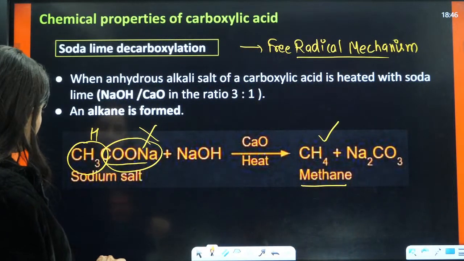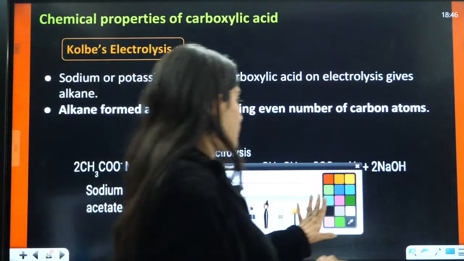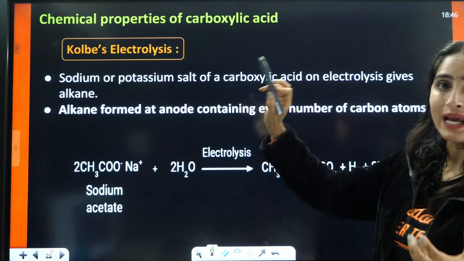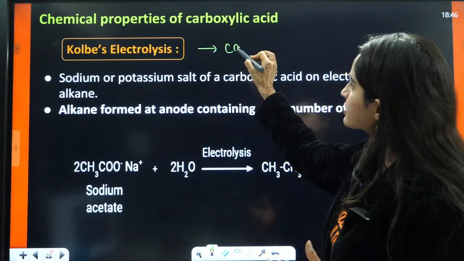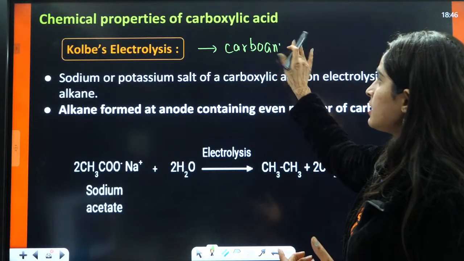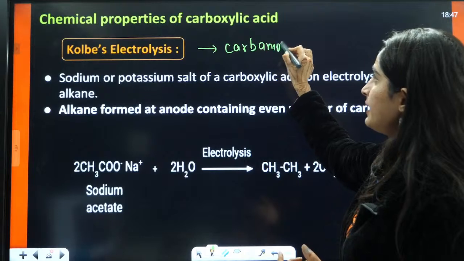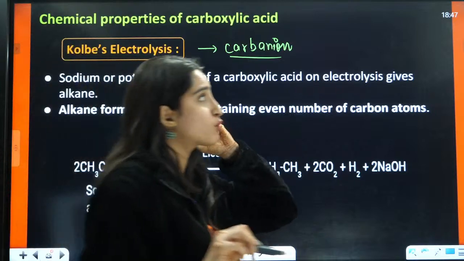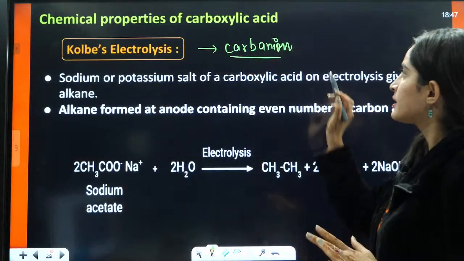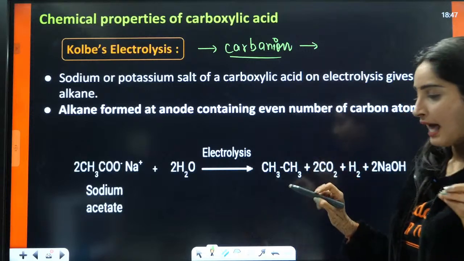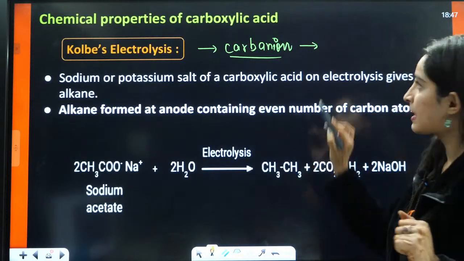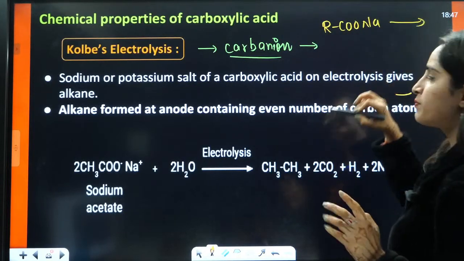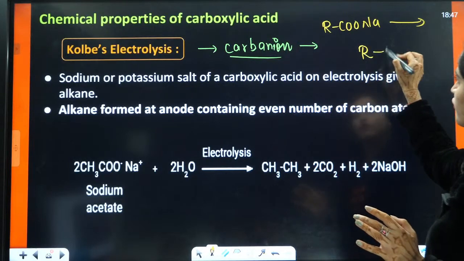Then we have next Kolbe's electrolysis. Here also you will have decarboxylation, but this happens via the formation of an intermediate, a carbanion. This is also in detail in hydrocarbons. If you have RCOONa, after Kolbe's electrolysis you will have the formation of R-R.